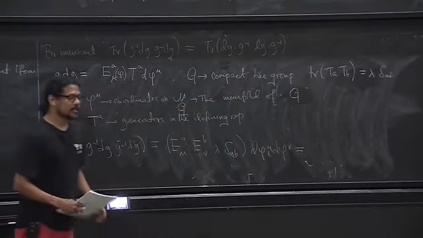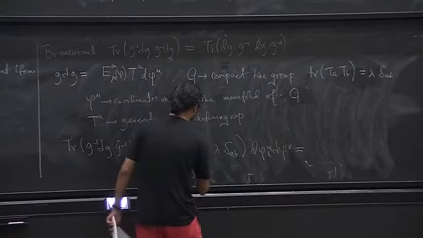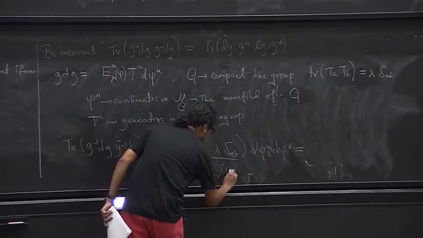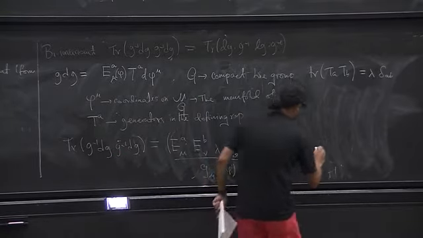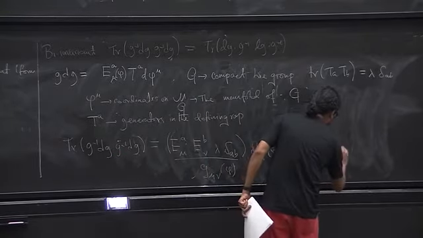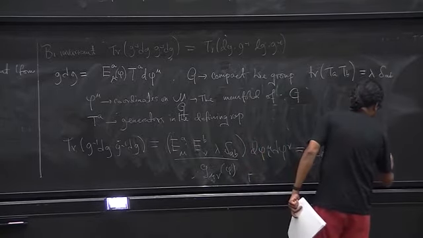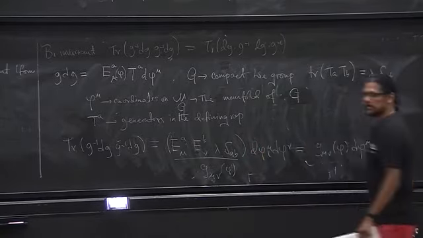And this looks like a line element if I identify this thing to be a metric. So essentially what I've constructed is a line element on the Lie group.